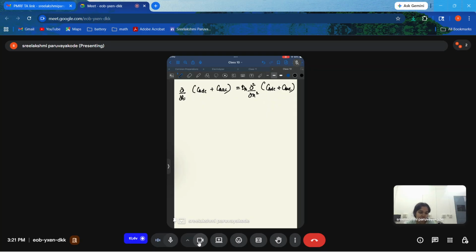The other one, CA AC, is sinusoidal. So CA DC, when we are differentiating it with respect to time or with respect to position, wouldn't make an effect. Wouldn't make a difference means it's a constant and it will become equal to 0.